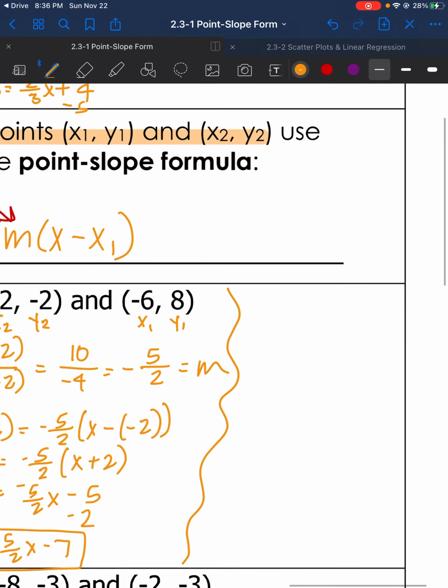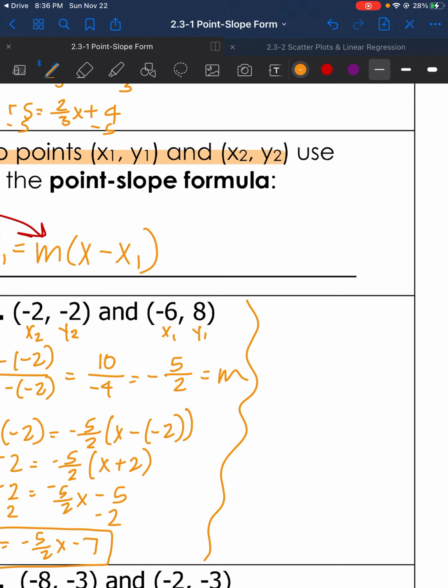To find our slope, I'm going to do y2 minus y1, which is negative 2, minus 8, over x2 minus x1. X2 is negative 2. See, this is where it's important that we keep them together. So we have x2, which is negative 2, minus x1, which is negative 6.